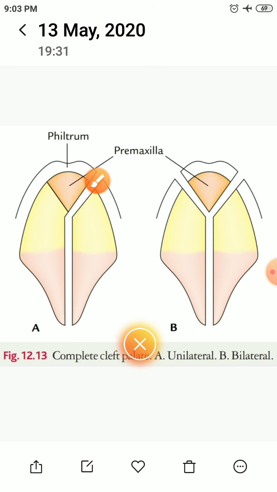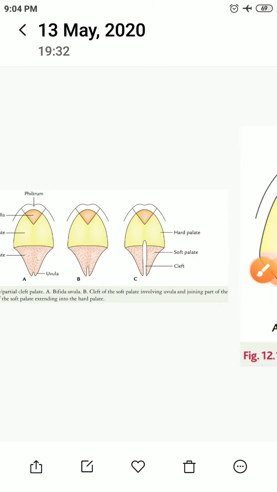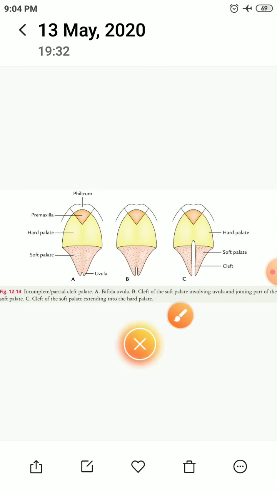So that is unilateral cleft lip. This is bilateral complete cleft palate. So you have two things, cleft lip and cleft palate. If there is a cleft in the lips, it is called cleft lip. If there is a developmental fusion anomaly in the palate, it is called cleft palate.